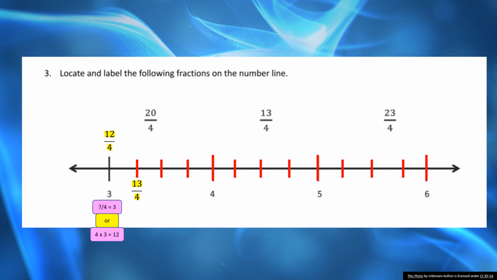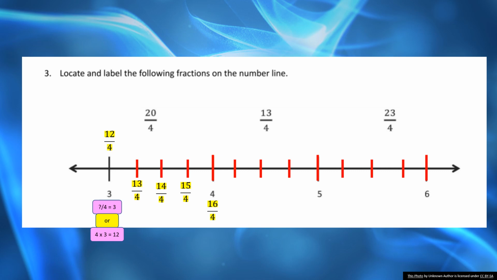We have 13 fourths and now 14 fourths, 15 fourths, 16 fourths, and make sure you're writing 16 fourths below the number 4, because 16 fourths is equivalent or equal to the number 4. 16 divided by 4 is 4, so I know that that's correct.